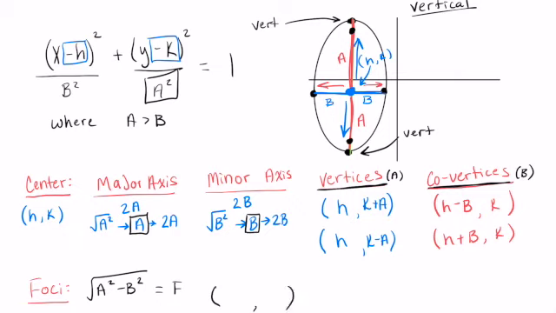I'm moving to my foci, which are always on my major axis, and that is a length of F. So I'm moving my Y value a length of F to get those foci. H will stay the same, and K will be plus F. My other one will be H and K minus F. So again, these are our very basic rules of the components for an ellipse.